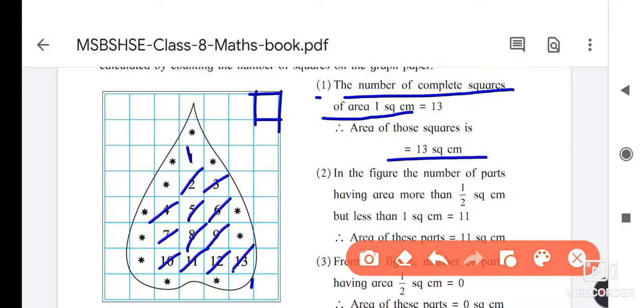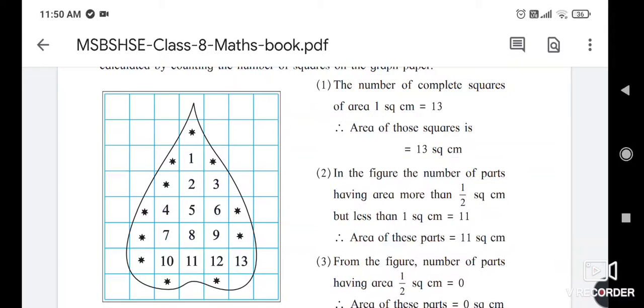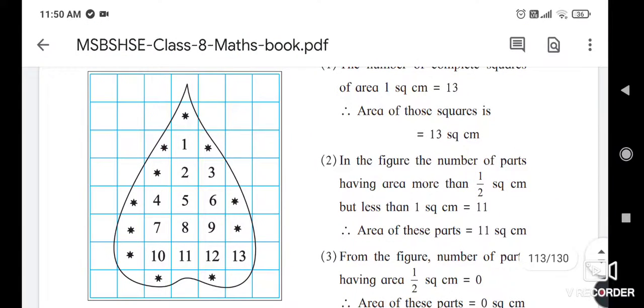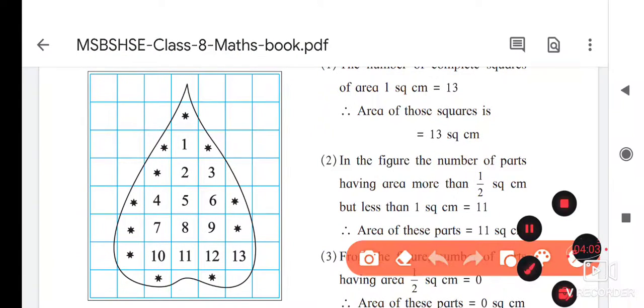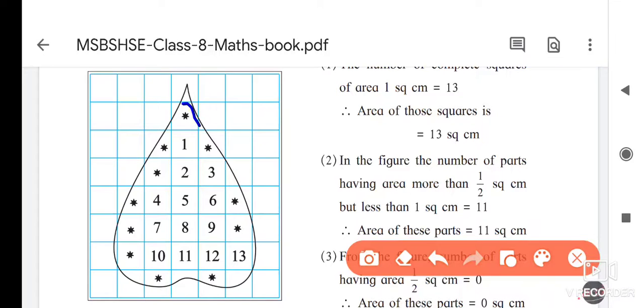After that, how many are there in the figure? How many parts having more than 1/2 square centimeter? More than half means the area is more than half but not exactly equal to 1 square. So if you see here, this part includes that much area, so it is more than half. The star parts that are there, their area is more than half.